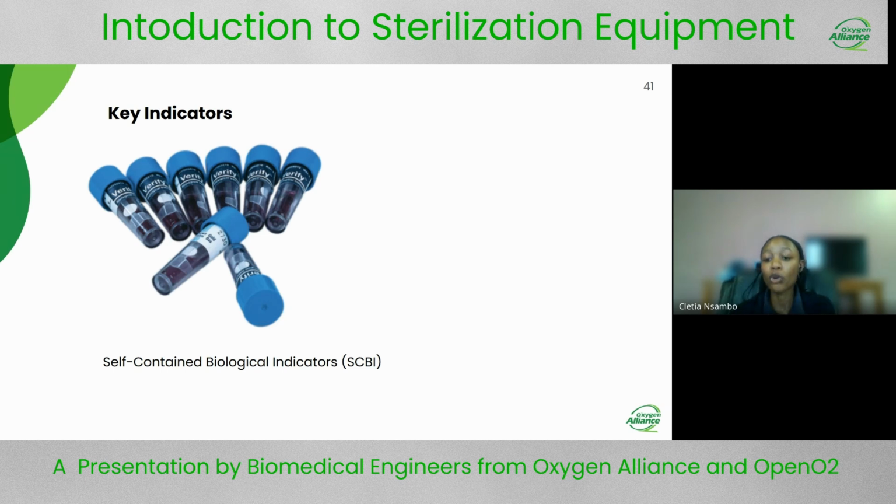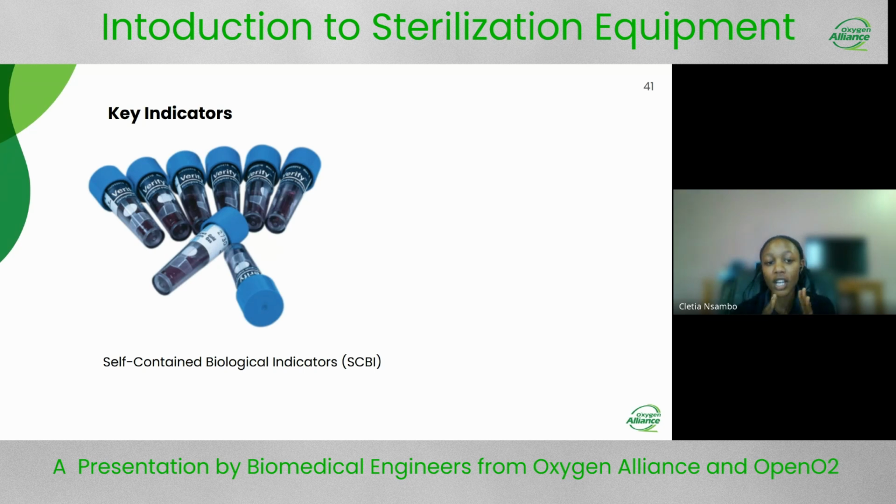Because during the transportation of these test strips to the lab, they might be contaminated by other microorganisms. So you might feel that maybe the sterilization process was not a success, while it was actually contaminated during transport. So these self-contained biological indicators are recommended because everything is done in one container.